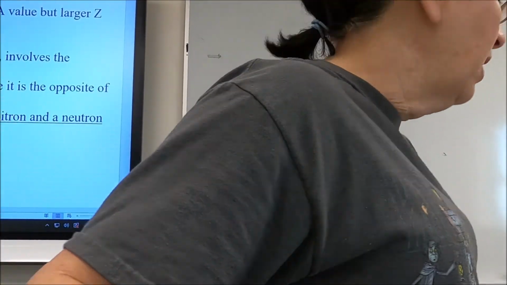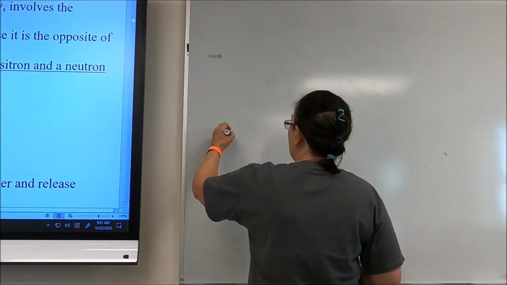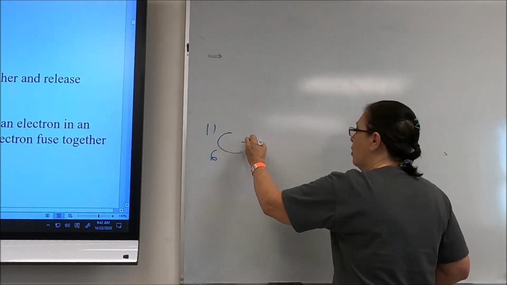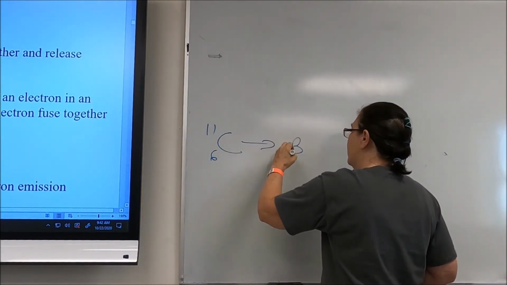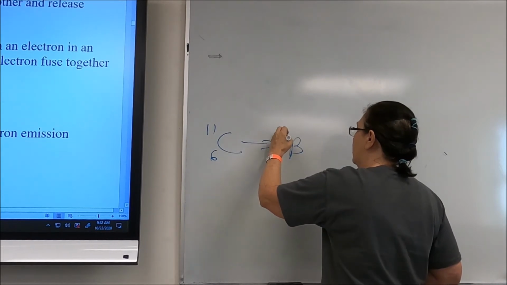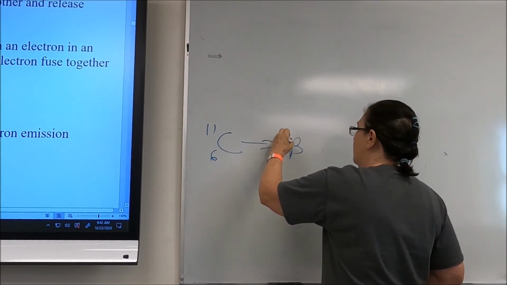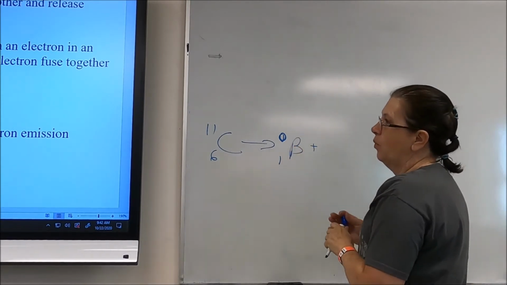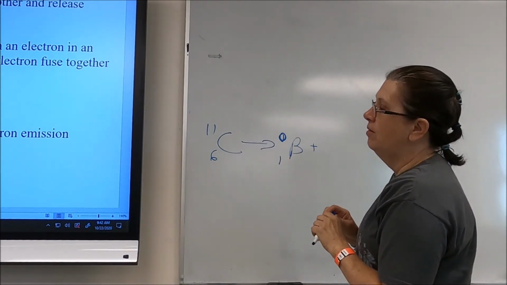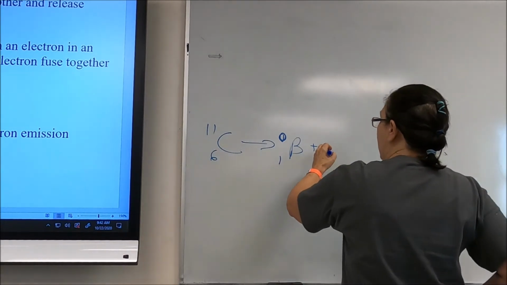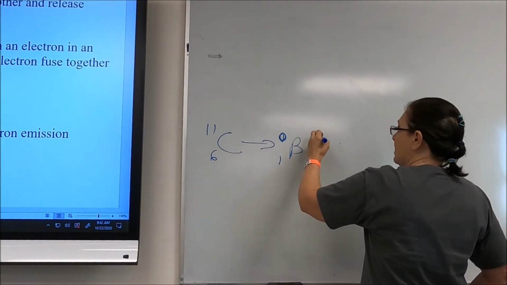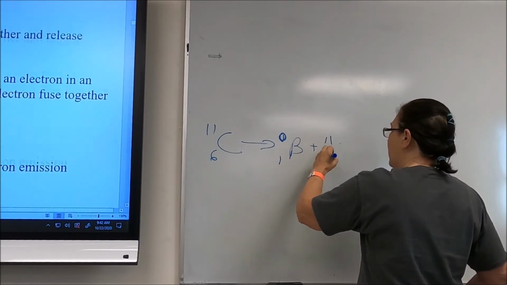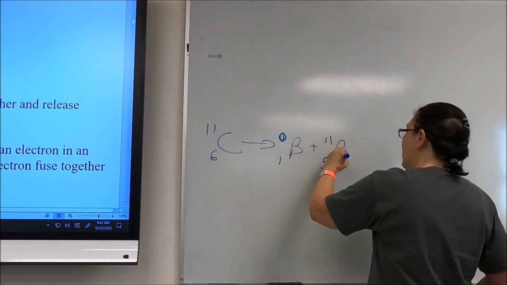Now, let's look at an example here. Carbon-11 undergoes positron emission. And when we have positron emission, I'm going to get 11 up here and 5 down here, so I get boron.